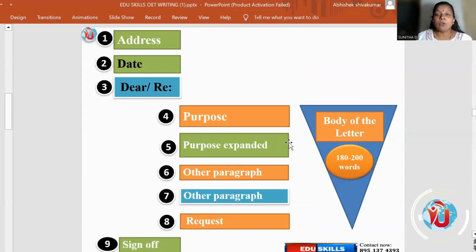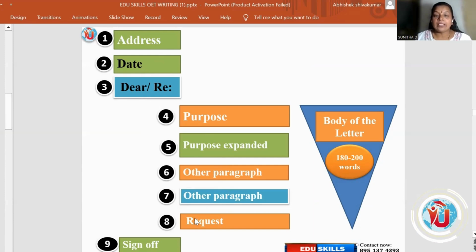This is the format we are following in Edu Skills International. First, we have to write the address, then the date, then the salutation and reference line. The fourth point is the purpose, and the fifth one is purpose expand. Sixth is other paragraph. Seventh is other paragraph.